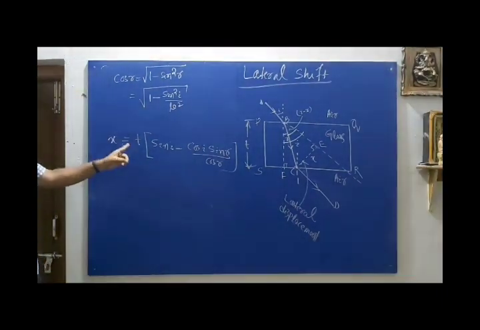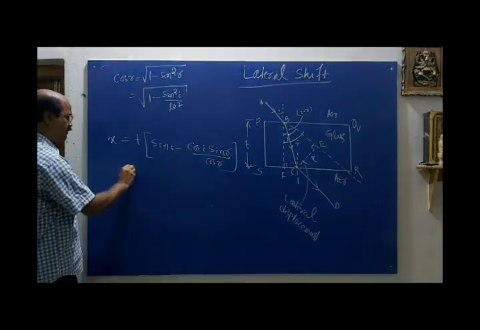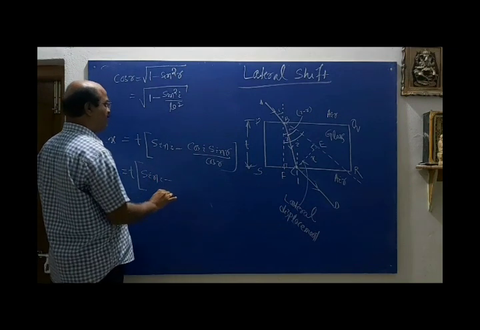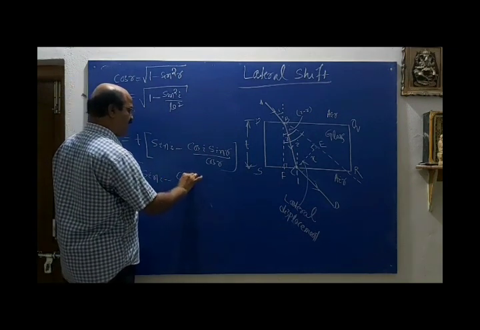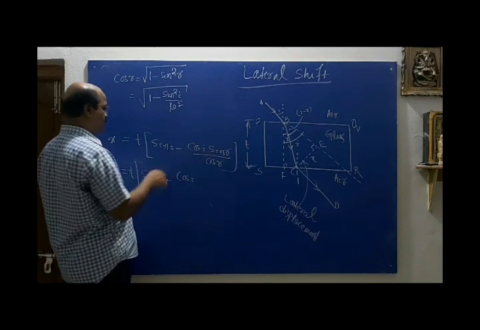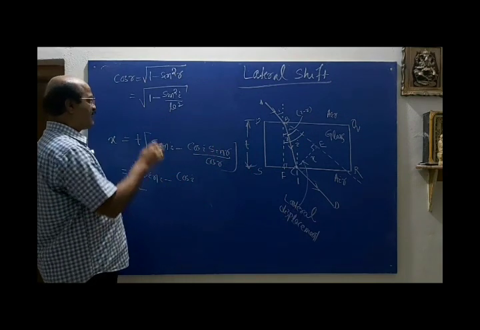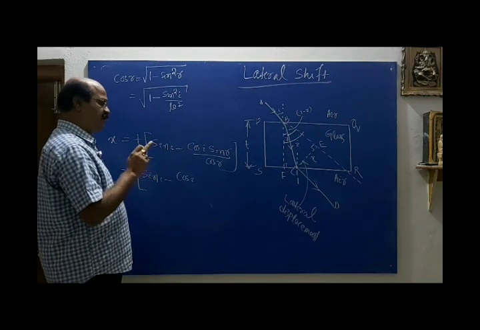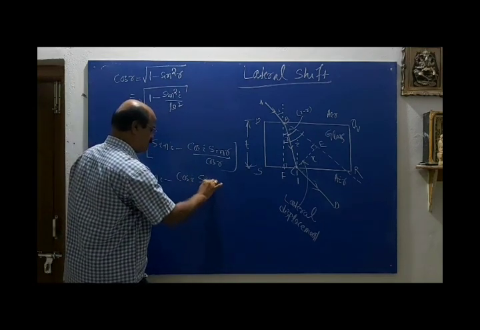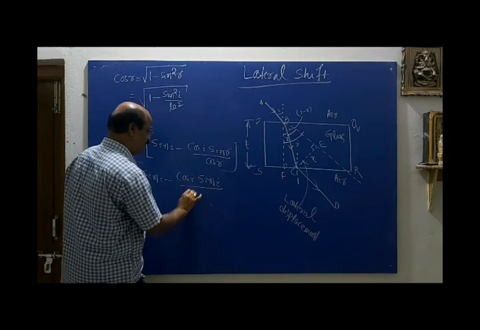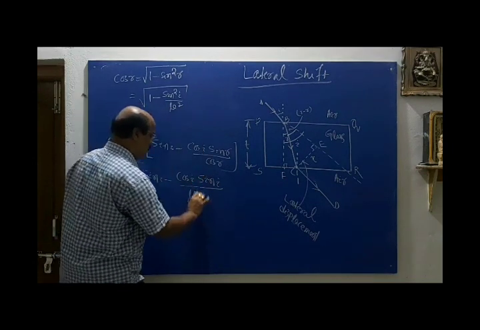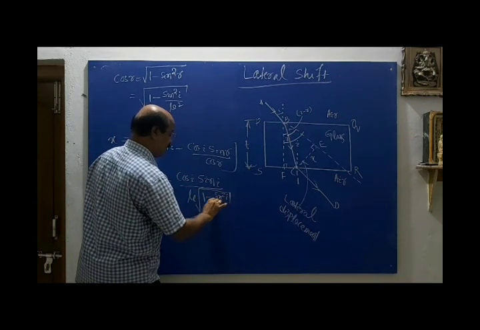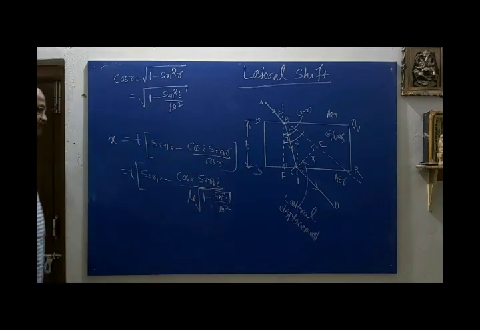Now x equal to t into sin i minus cos i, we change only r. Since mu equal to sin i by sin r, sin r equal to sin i by mu, and cos r equals square root of 1 minus sin square i by mu square.